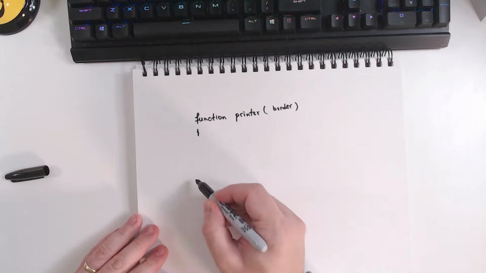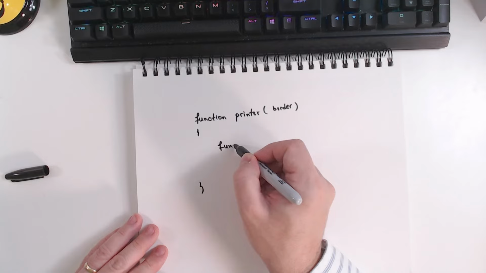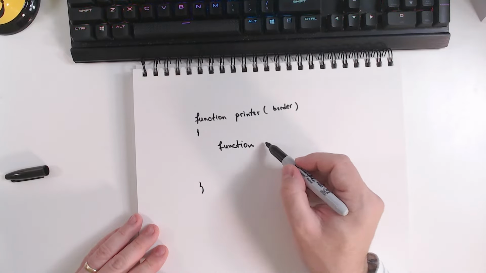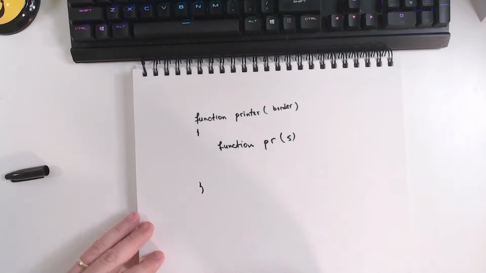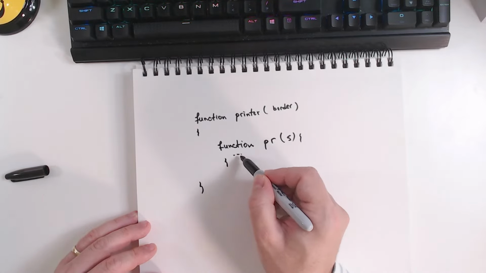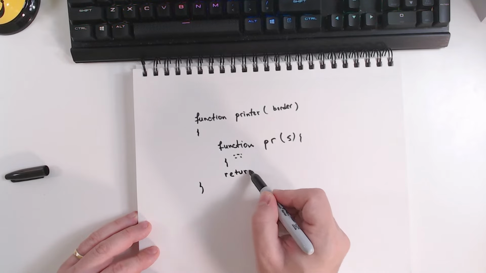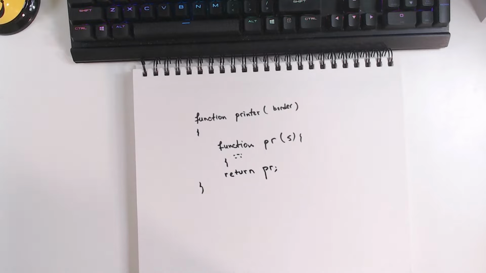But the main idea is that inside lives another function that can have whatever name, you know, PR, and that takes its own arguments and lives happily inside here. And at one point the outer function is returning the inner function from inside.